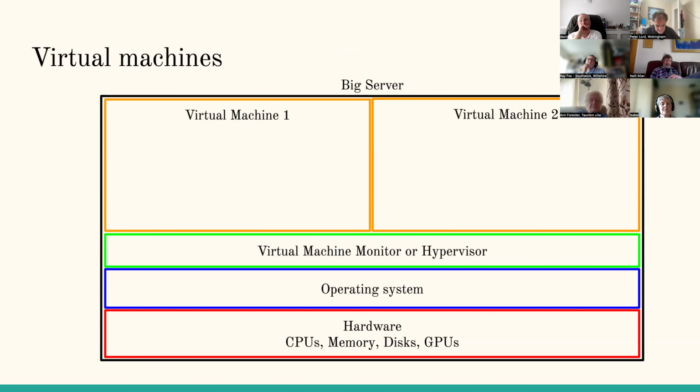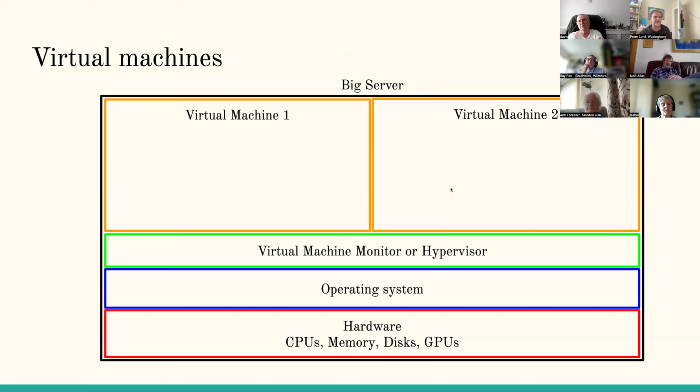Now, it's quite important to understand this: the virtual machine monitor or hypervisor emulates hardware. So it presents to each of these virtual machines a view of the hardware. So you could grant 2 CPUs to virtual machine 1 and 4 CPUs to virtual machine 2. You could grant different amounts of memory and suchlike.